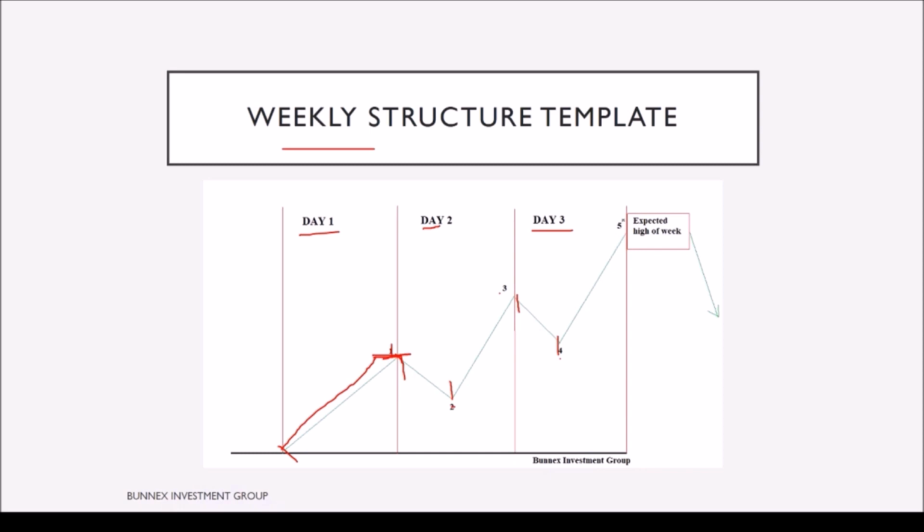Then 4 to 5, and then we expect a weekly reversal. From 4 to 5, that is where we now apply what we learned in part 1 to anticipate the high of this day in this scenario.